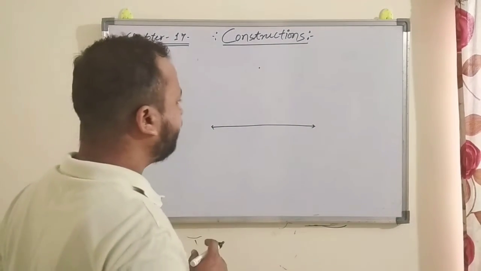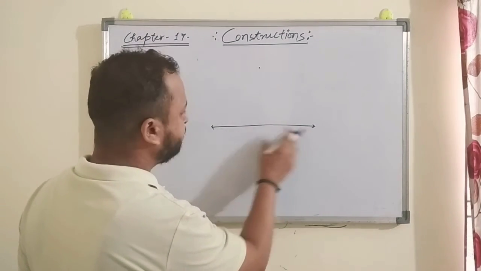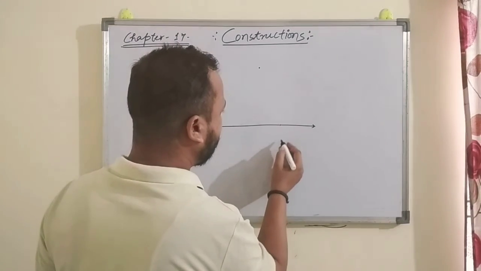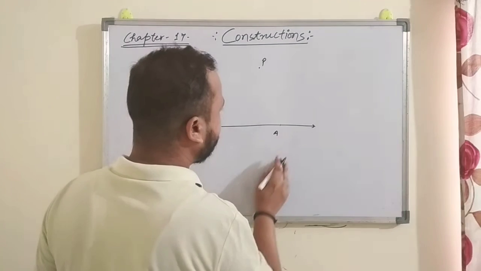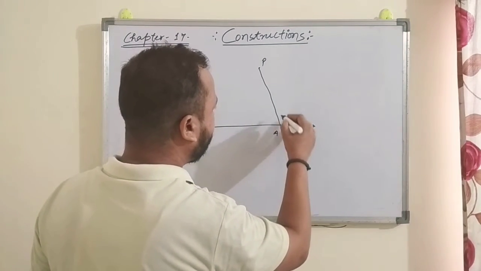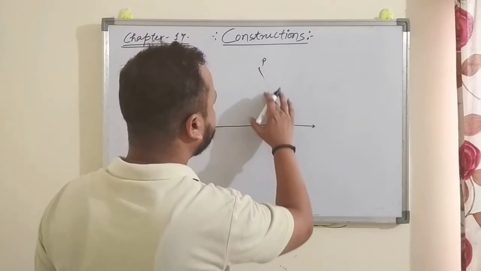So what you have to do is just take any point on the line, anywhere, right? Suppose I have taken here a point, this point is P, suppose I have taken it as A, join them. Join these points with a straight line.